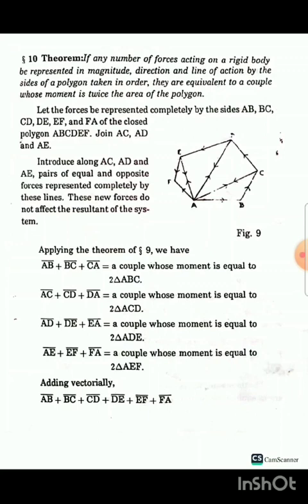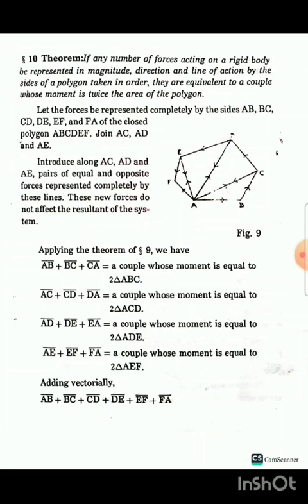So AB vector plus BC vector plus CA vector is equal to a couple whose moment is twice the triangle ABC. Similarly, we apply the remaining three cases. AC vector plus CD vector plus DA vector also forms a triangle ACD, which is a couple whose moment is twice the triangle ACD.